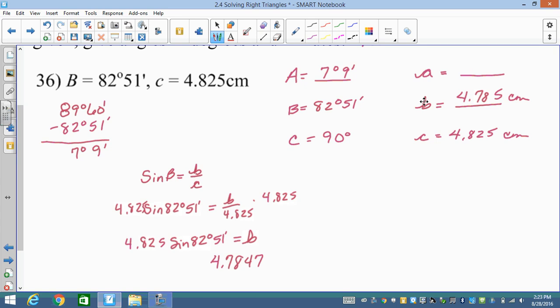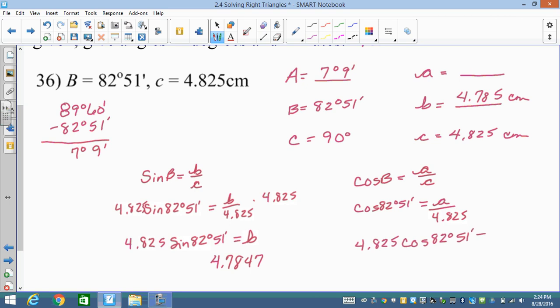So instead of sine now, I need a, and I'm going to use c, the hypotenuse, so I'll go to cosine of B. So cosine of B equals little a over c. So cosine of 82 degrees, 51 minutes equals little a over 4.825. Again, multiply both sides by 4.825, and you get 4.825 cosine of 82 degrees, 51 minutes equals a.